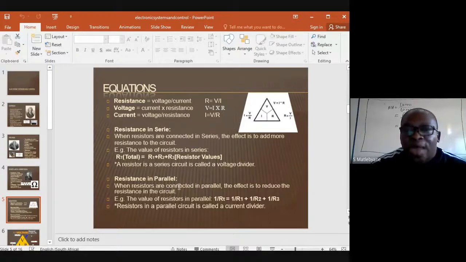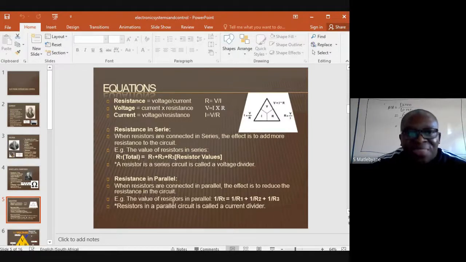Now we also have a parallel circuit. When resistors are connected in parallel, the effect is to reduce the resistance in the circuit. And we will do calculations to prove that. Now look at the following. When they are in series, they add more resistance.